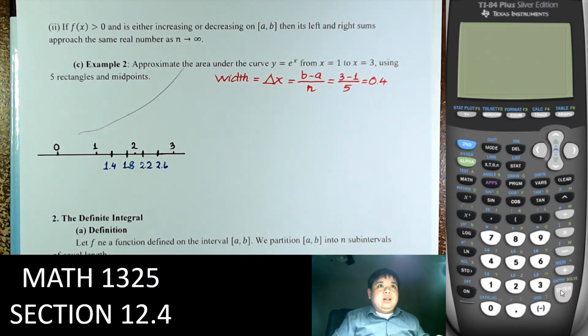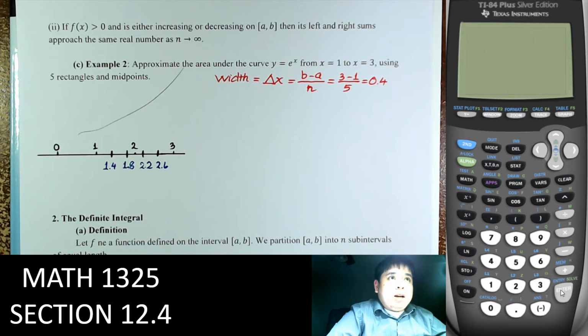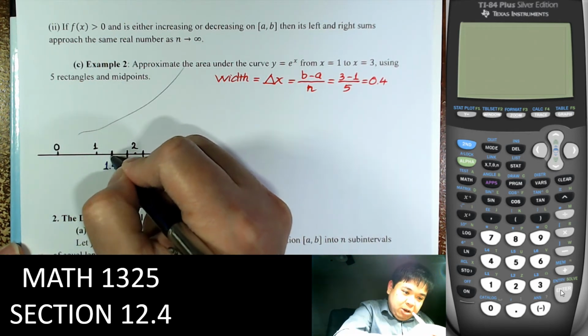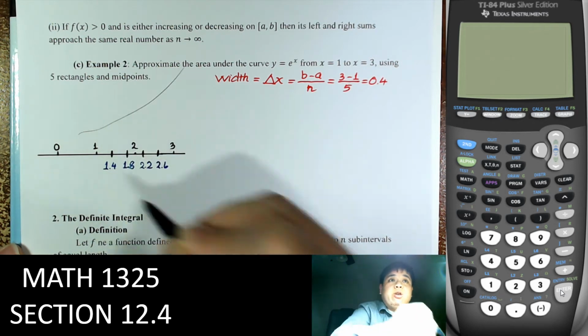Right, so that is 5 equal segments, plus 0.4, plus 0.4, plus 0.4, and so on.